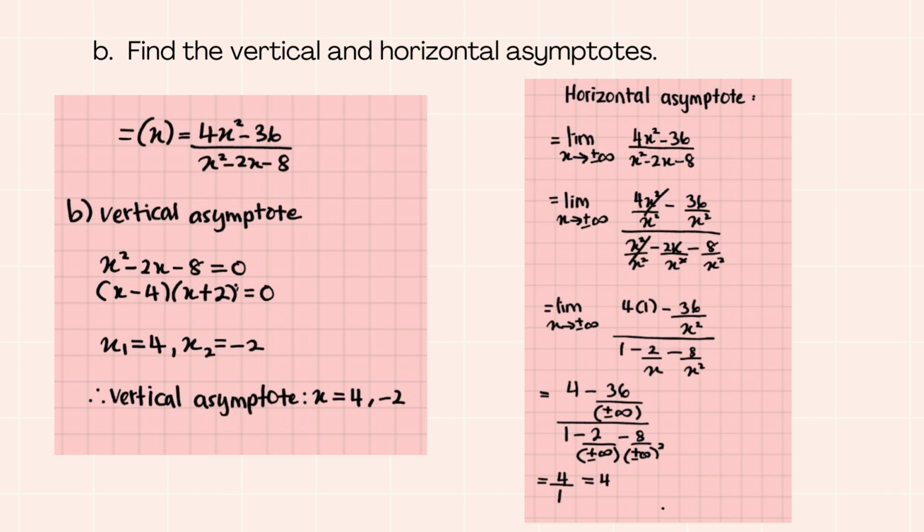In this case, in the equation right here, you can see the highest power is x squared. Therefore, we have to divide all of the terms in the equation by x squared, as stated in this picture. Therefore, after a bit of counting, we will get that our horizontal asymptote is y equals 4.